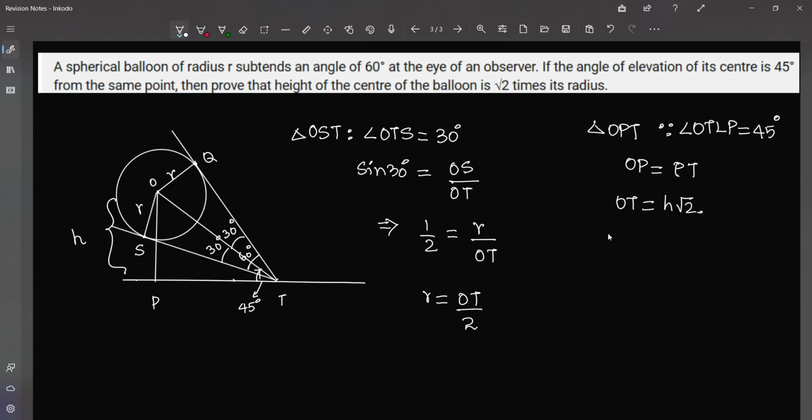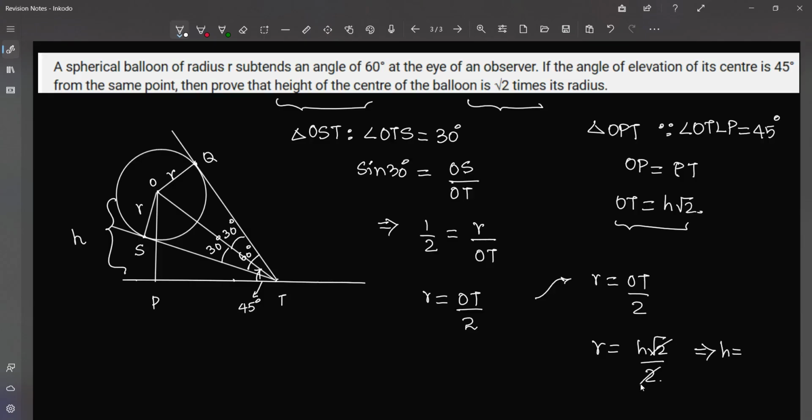And now, since we have to relate the height of the center and the radius, we need to equate this OT with this OT. So I can rewrite radius is equal to OT by 2, H root 2 divided by 2. If you cancel this, H is equal to root 2 times the radius, hence the proof.